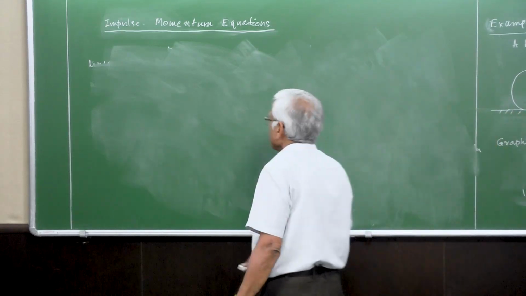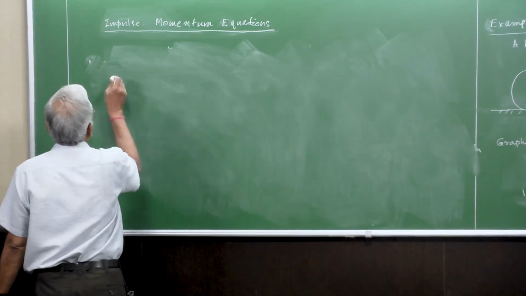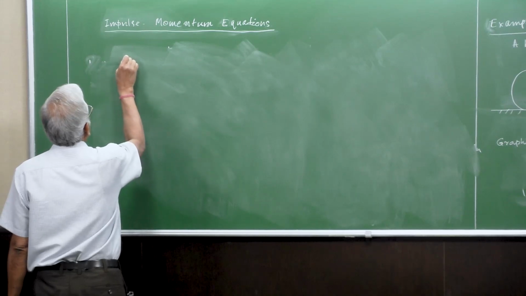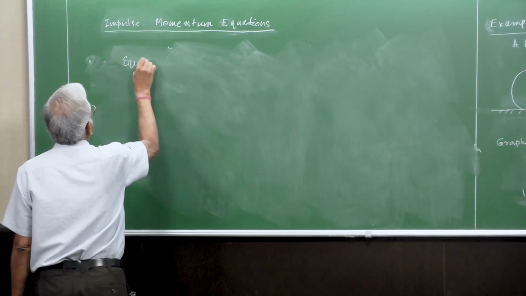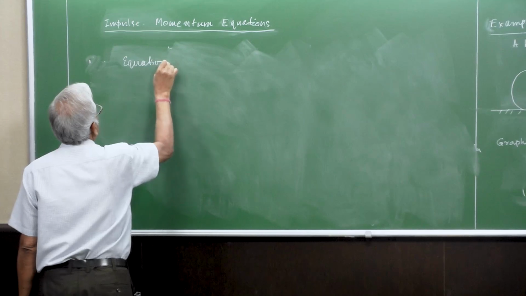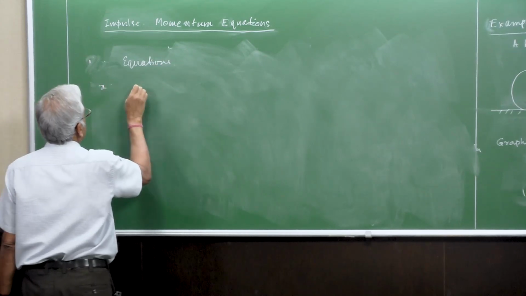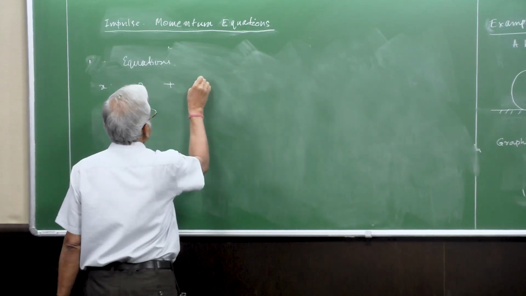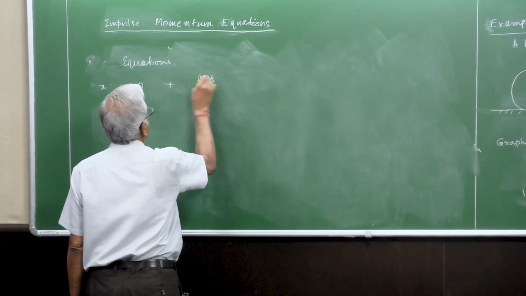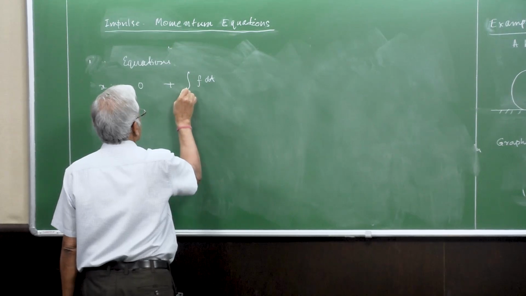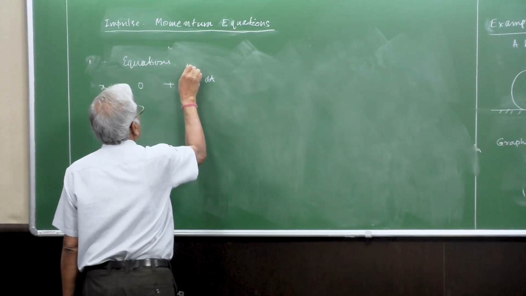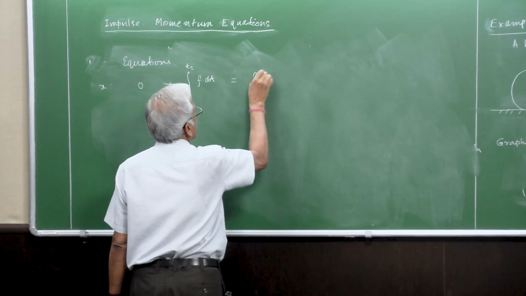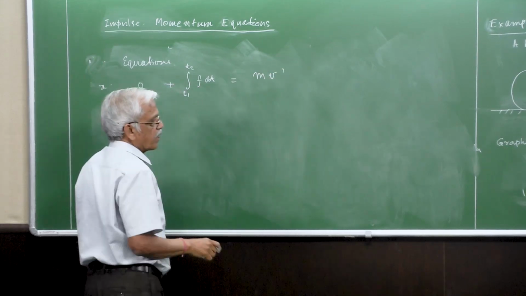So you can see here that the equations are, the x equation is 0 to start with, and you have integral f dt, and this will give us m v prime.